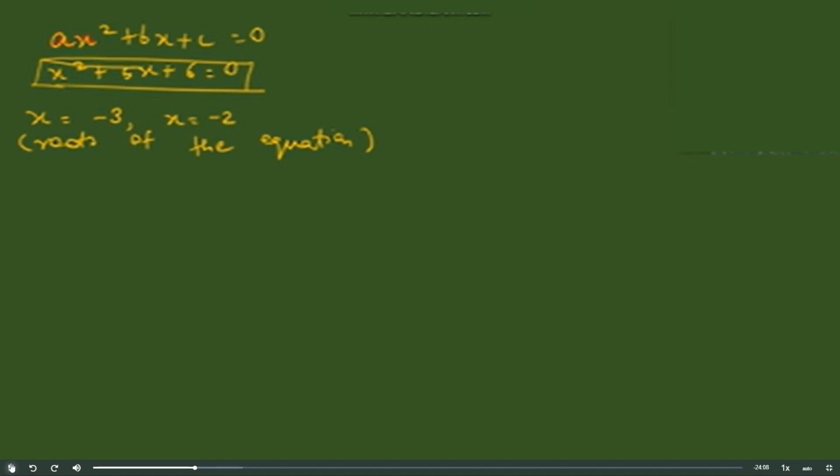Now you know that this is the equation and the roots of this equation are x is equal to minus 3 and x is equal to minus 2. Once you know that, you are asked to find the sum of the roots and the product of the roots.